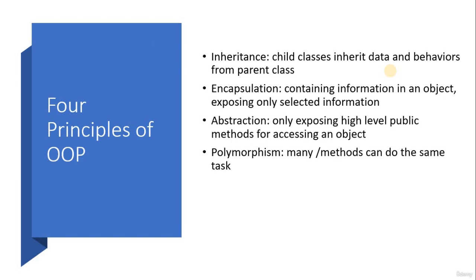Methods can be different because of the arguments they take: one argument, two arguments, or a string argument, or an int argument. So then we have a polymorphic method or class. This is very useful because we don't have to define another method or another class as many as we need. We just call or refer to one, or create an object of that class, and then use it with a different method.